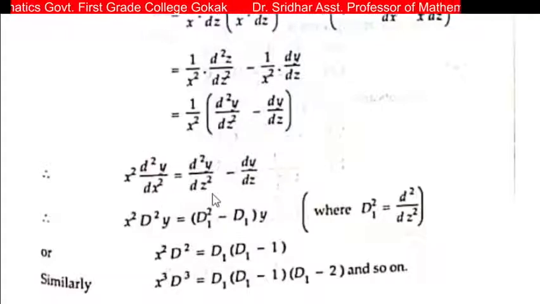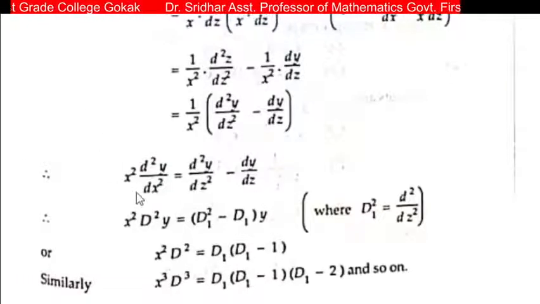So like that, x square d square y by dx square is equal to d square y by dz square minus dy by dz, cross multiplying x square here. Now this is nothing but capital D square.